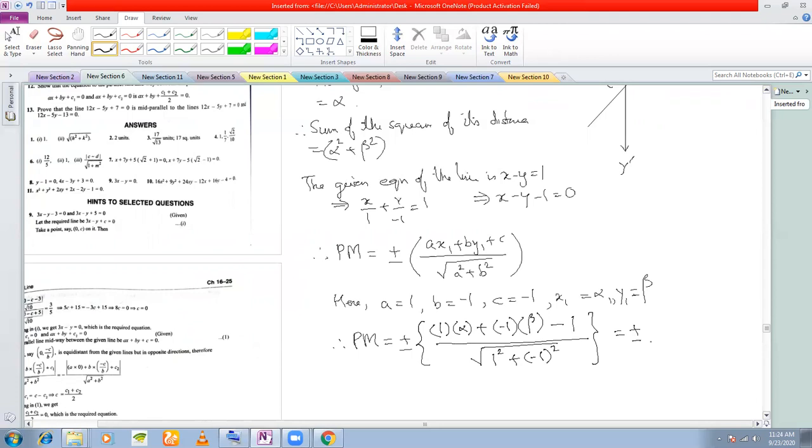So this will be plus or minus (alpha minus beta minus 1) by root 2. Okay, so this is your PM.